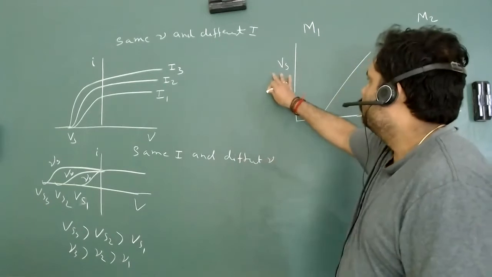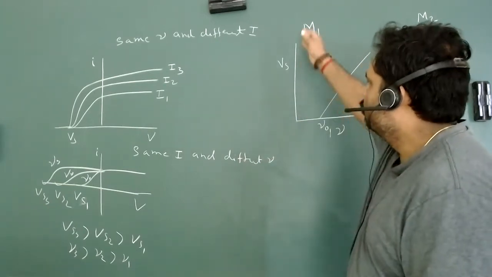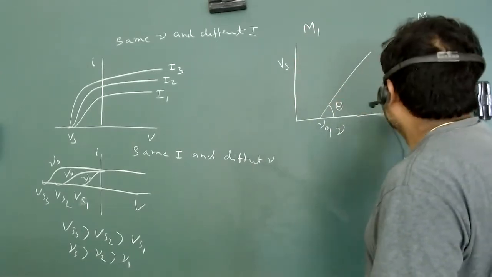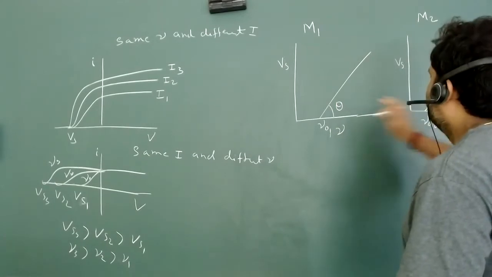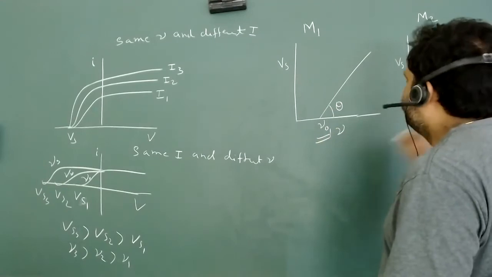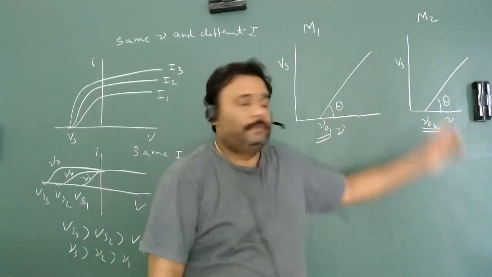So he plotted nu along the x-axis and Vs along the y-axis, and what did he find? He found this angle is the same. He changed the metal, and this value changes, but the slope of this straight line is the same.